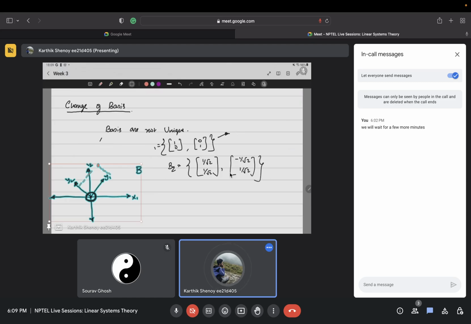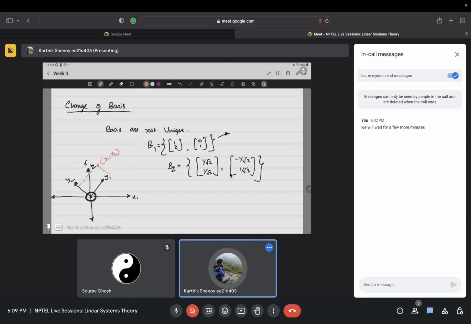Yeah, so b1, x2. Okay, sorry. So if there is an object here, now the coordinate is y1 y2.